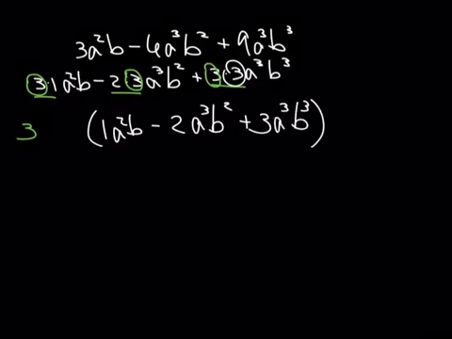Okay, so now I'm going to look at my letters. I have 2 there, 3 there, and 3 there. So the lowest exponent is that one, so I'm going to bring that a squared out. That one goes away. 2 of these go away and leave me with 1. 2 of these go away and leave me with 1. Okay? Now let's look at the b's. I have 1 here, 2 here, 3 here. So the one that occurs the least is the b.